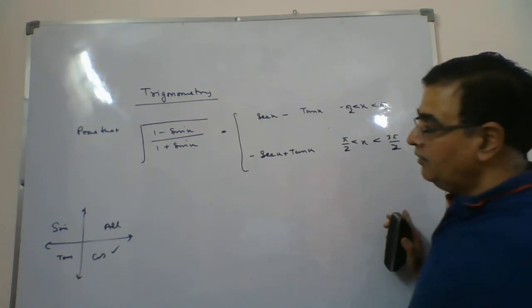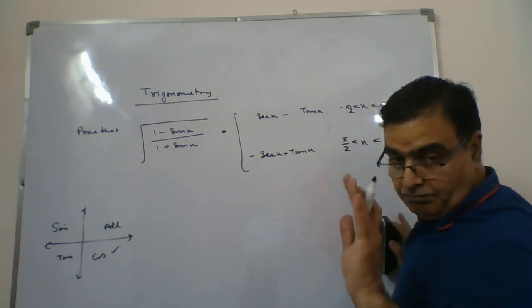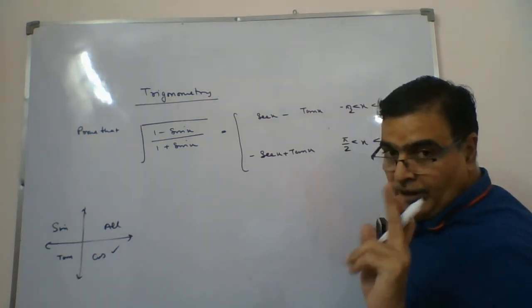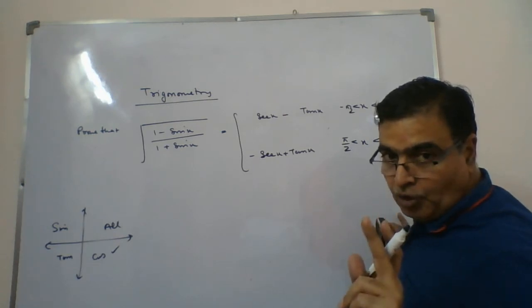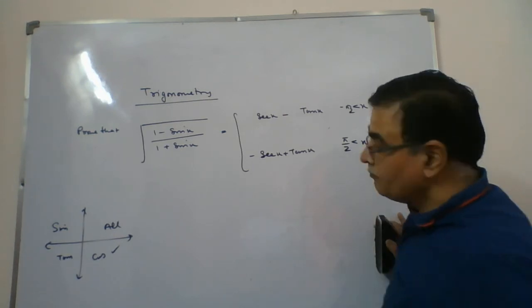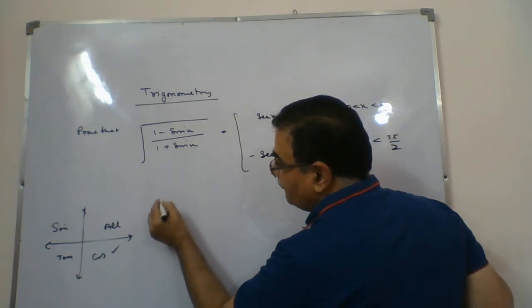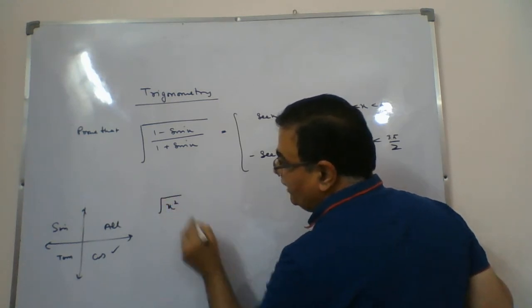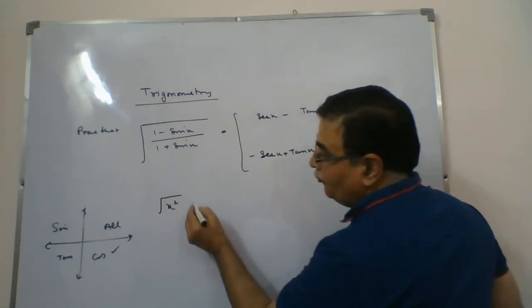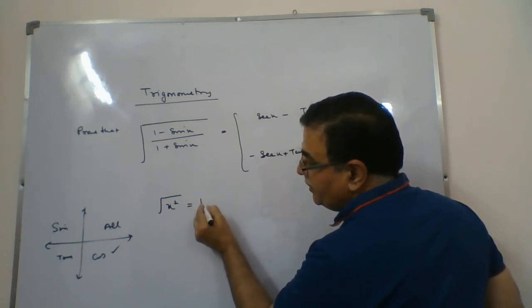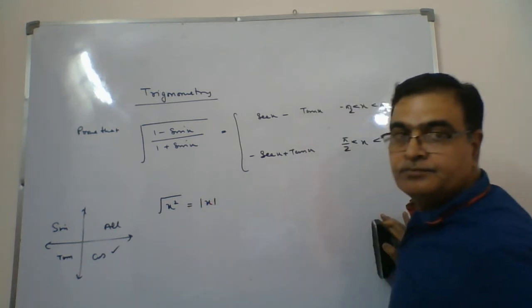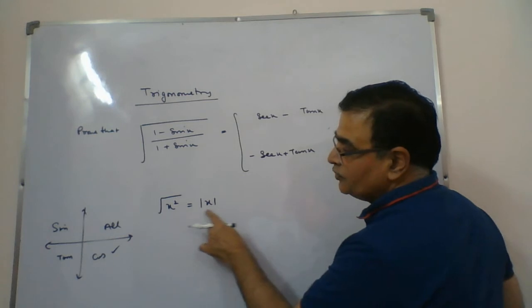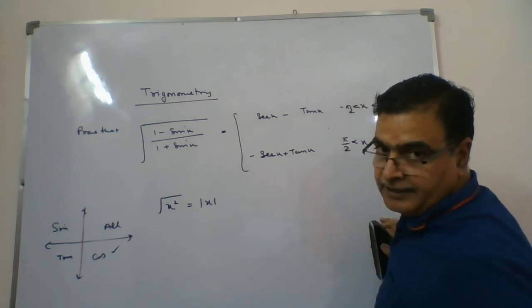One more thing before doing the question. One concept I already told you about modulus x. Another concept you should remember: whenever I say under root of x square, the answer will be modulus x. Under root of x square always comes out to be modulus x.